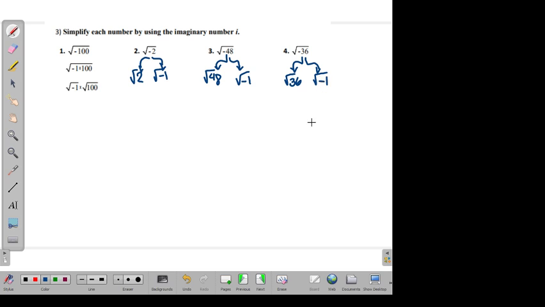So the first thing I do is separate that section that I don't like. And now we know that this is i, by definition. So the only thing I have to do is work on the other section, which you probably know how to work out.